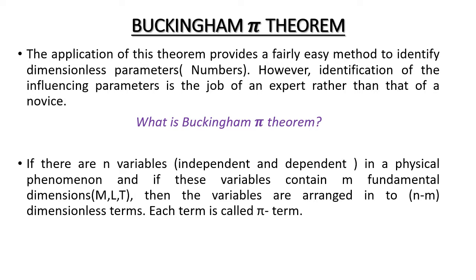Then the variables are arranged into n minus m dimensionless terms. Suppose n is equal to 10 and fundamental dimensions m is equal to 3, then the total number of pi terms, as we call them, is n minus m, 10 minus 3 is equal to 7, so total pi terms are 7. We'll see what this pi term is and the procedure to get all this.